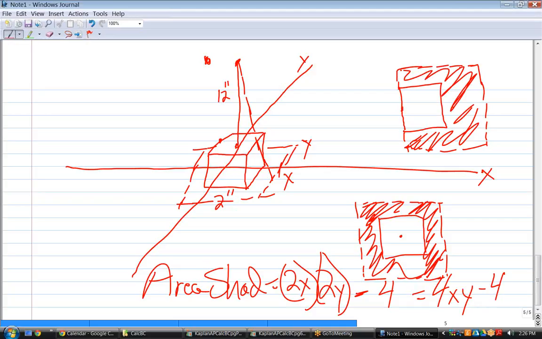I was just thinking it'd be x times y minus 4. No, because this is minus x over there. In other words, the center of the cube is at the origin. So the base of the cube is 2x. In other words, this is 2x right here, and that's 2y right there.